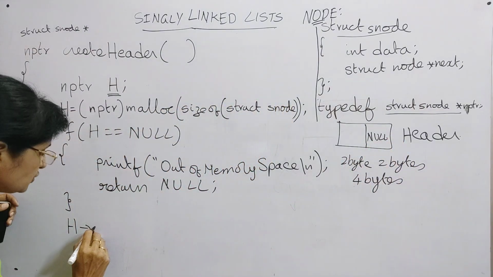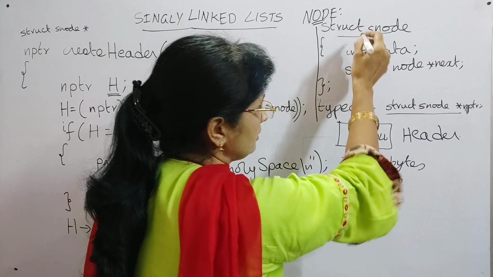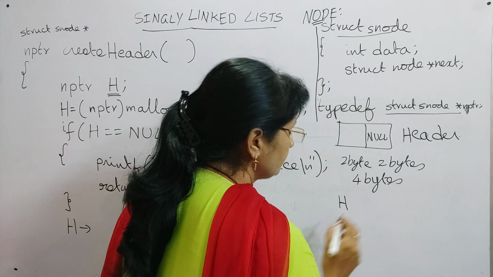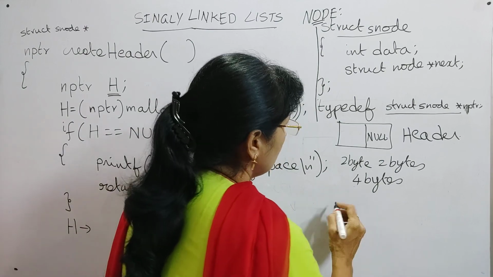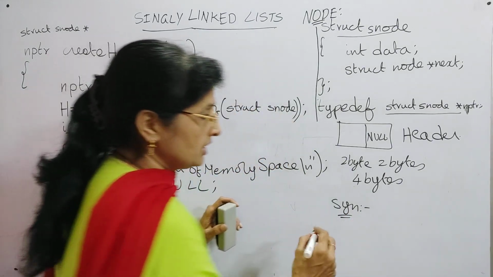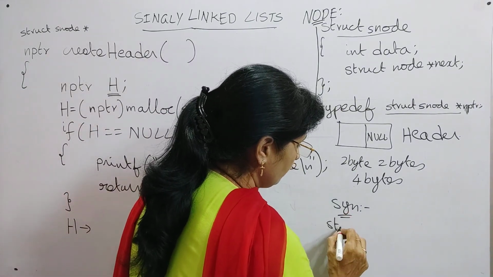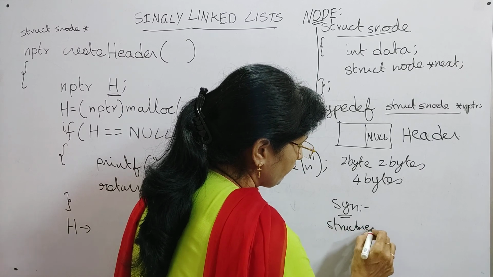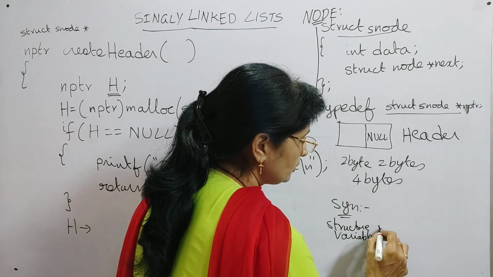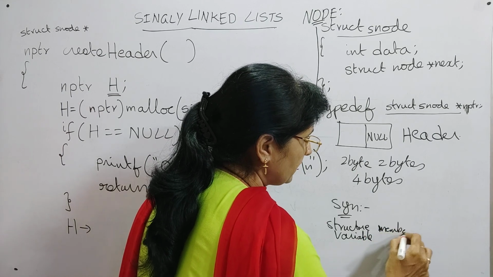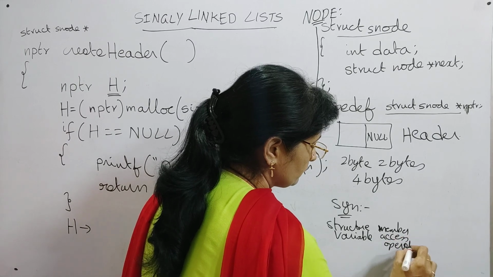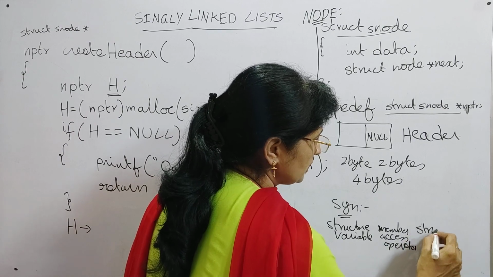So that is H. How can you access the elements of your structure? Because this is a pointer. Whenever you want to access the elements of a structure, the syntax is structure variable, next you have to give the member access operator, and then you have to give the structure member.